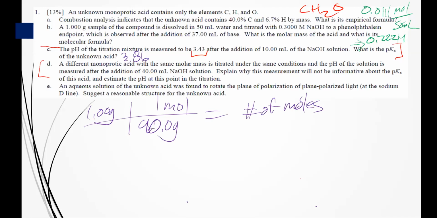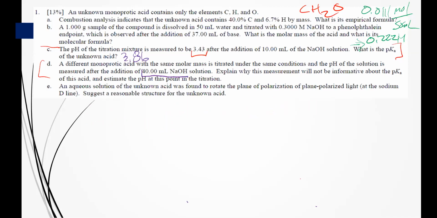So when we put in this 40 milliliters, are we before the endpoint or after the endpoint? After at that point. After the endpoint. So if we're after the endpoint, can we use the buffer equation anymore? You'd still be able to, right? Well, when we do the buffer, it means that we need to have some concentration of the A minus and some concentration of our weak acid.